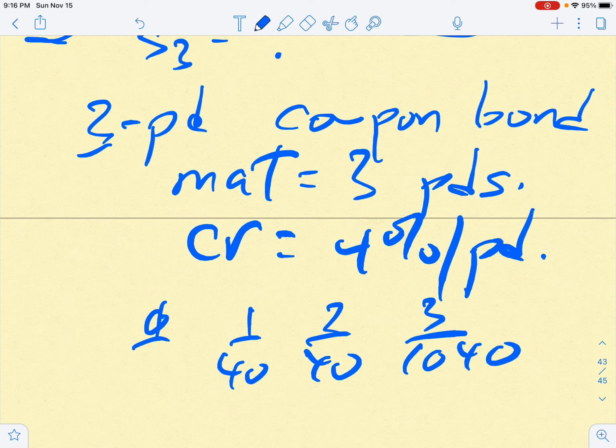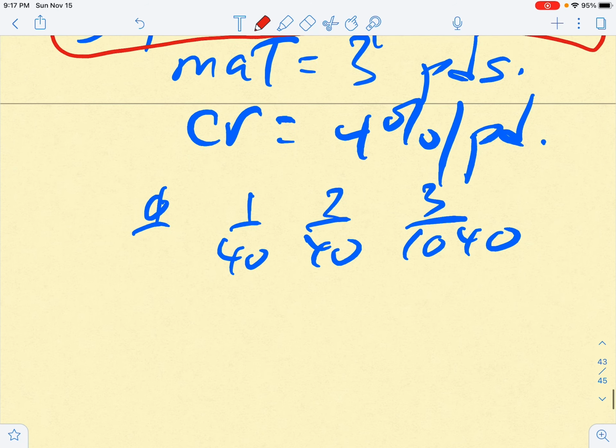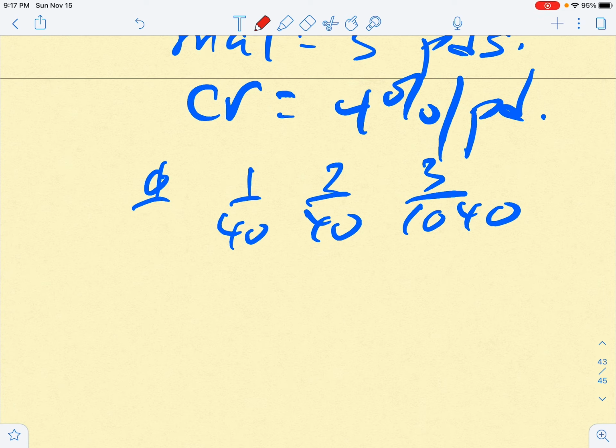Let's assume that the market for this 3-period maturity coupon bond is a liquid market, and so we trust its price. Then I'm going to show you how you get S3, the 3-period spot rate, which we had said we were uncertain of. So here's what you do.